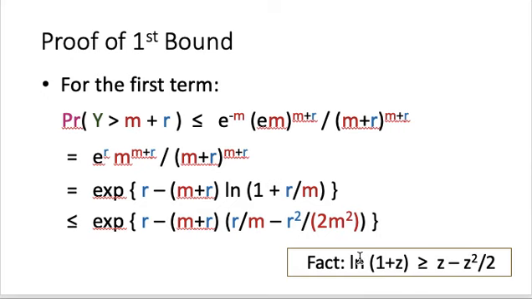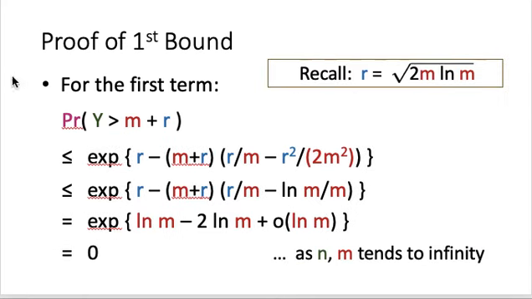This comes from Taylor's expansion. You expand log of 1 plus z for a few terms, and in the end you see that log of 1 plus z is equal to z minus z squared over 2 plus some positive error term. Based on this formula, we replace the term log of 1 plus r over m with r over m minus the square of this term divided by 2, so this is r squared over 2m squared.